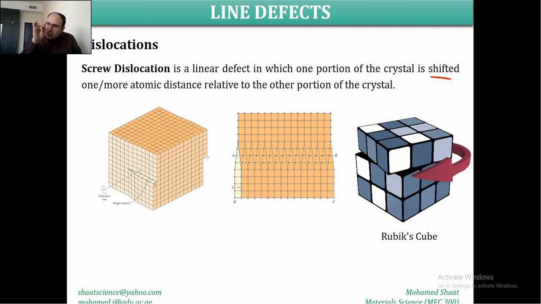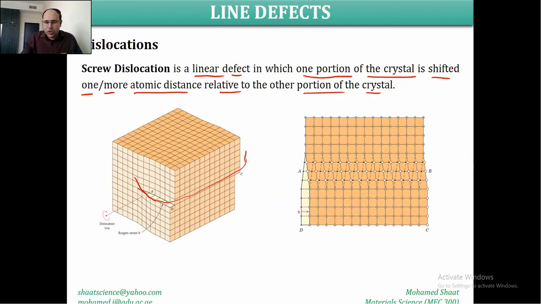But physically, it is not twisting. Physically, it is not rotation. It's just shifting, so that's why we use the word shift. You should understand that it is almost the same concept as the Rubik's Cube, but there are some differences between the rotation of one layer of the Rubik's Cube and the screw dislocation that exists inside the crystal structure. Make sense? How about the dislocation line?